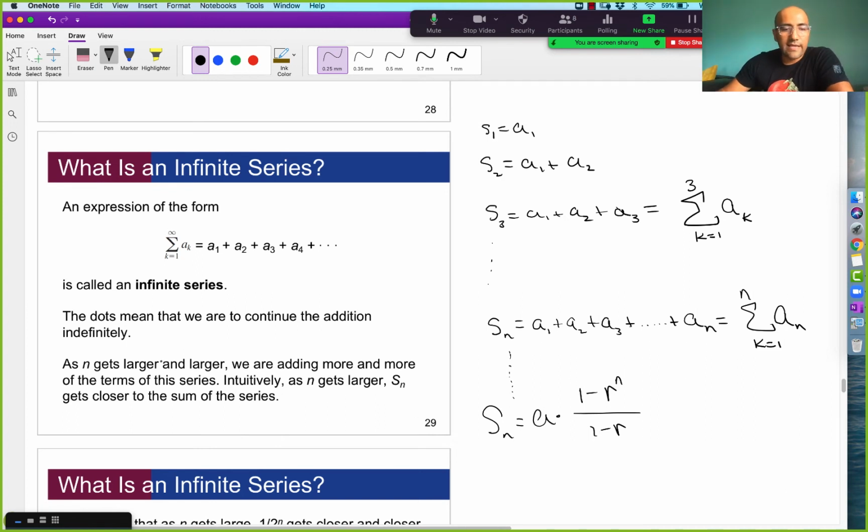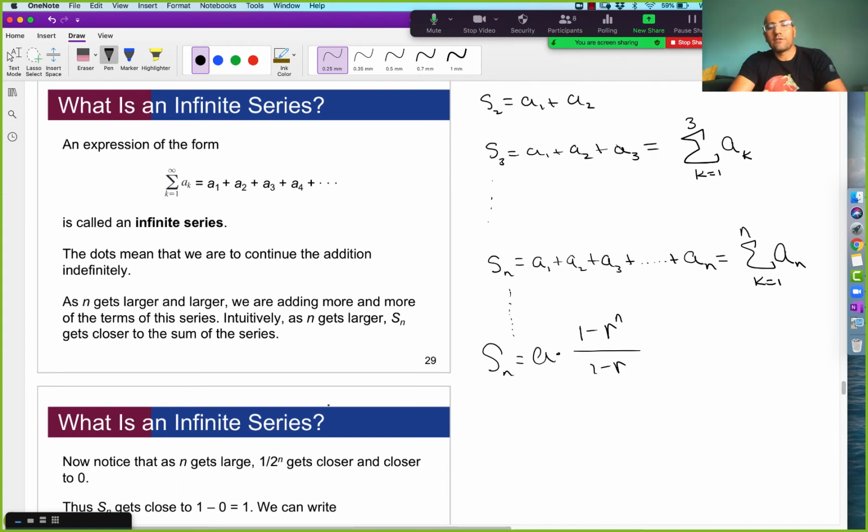So as n gets larger and larger, we are adding more and more of the terms in this series, eventually an infinite number of values from the underlying geometric sequence. Good. And so intuitively, the sum will get larger and larger and larger, assuming all the terms we're adding are positive.